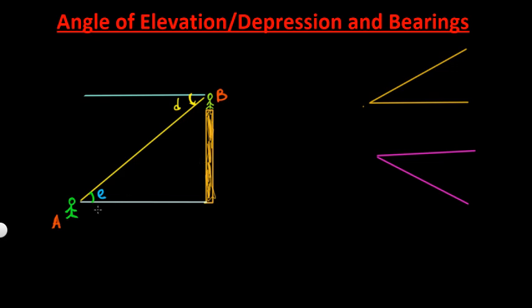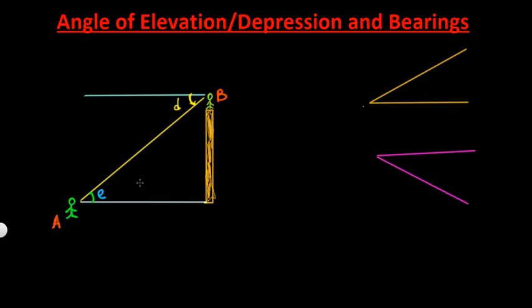So basically, for person A, this is the normal horizontal level. Should he look upward, he will be looking at an object at an angle of elevation. For person B, looking downward, he will be looking at an object at the angle of depression.